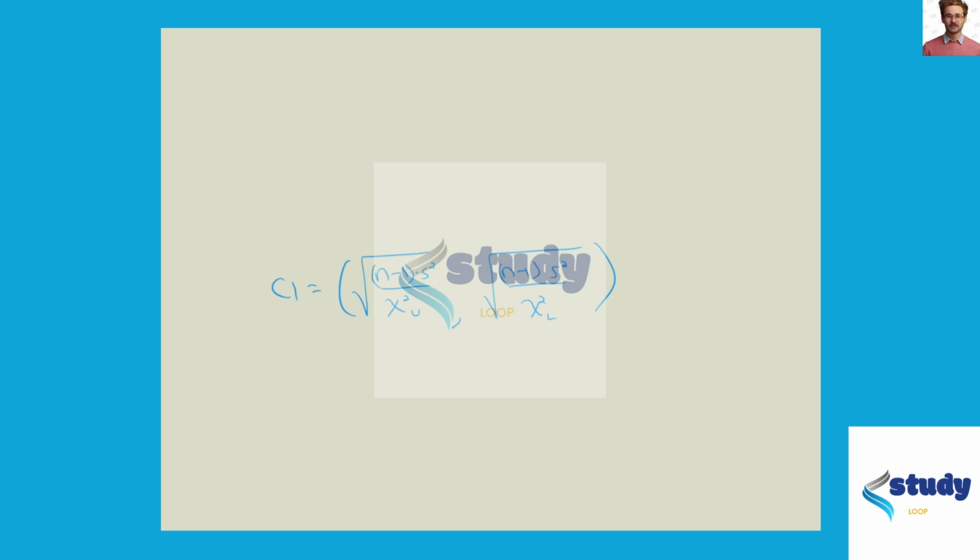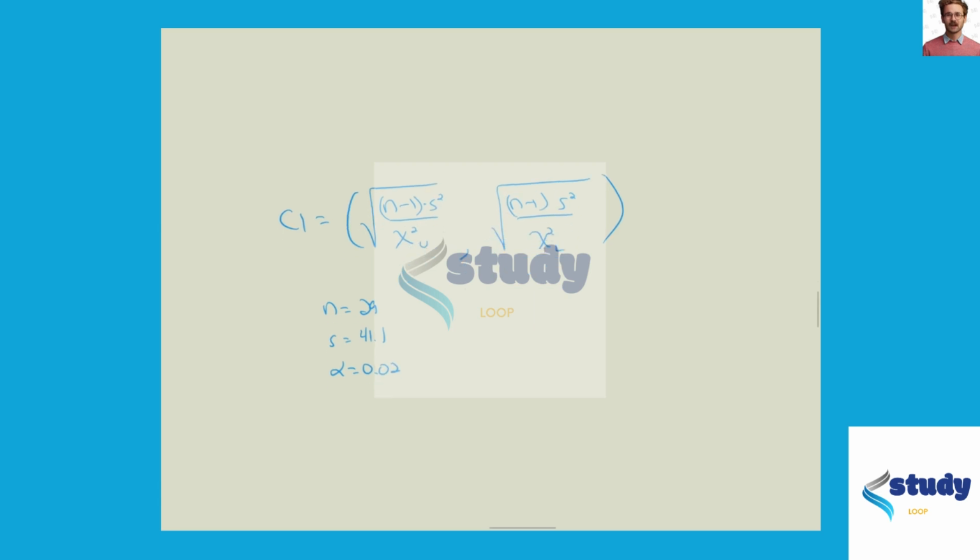Alright, so we know that n is 29, s is 41.1, alpha is 0.02, and the degrees of freedom is going to be the sample size minus 1, so 28.